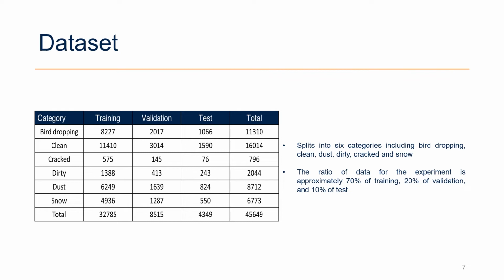The ratio of data for the experiment is approximately 70% training, 20% validation, and 10% testing. It's clearly seen in the table how many images are fed into each classification and each stage.